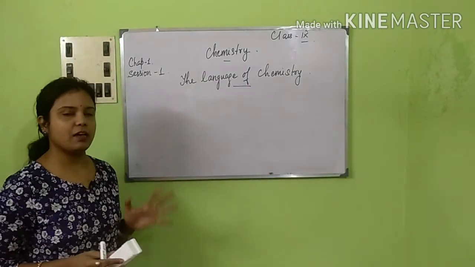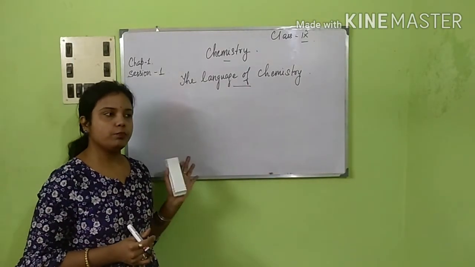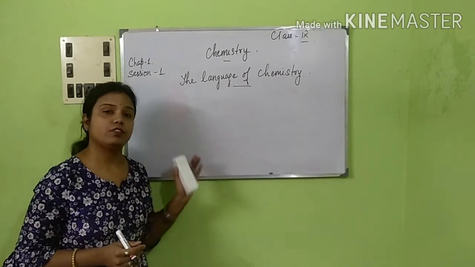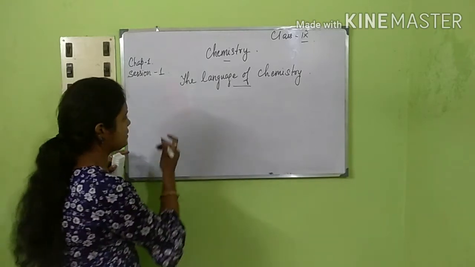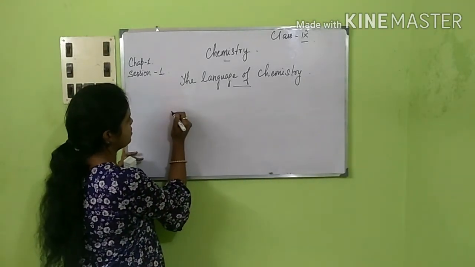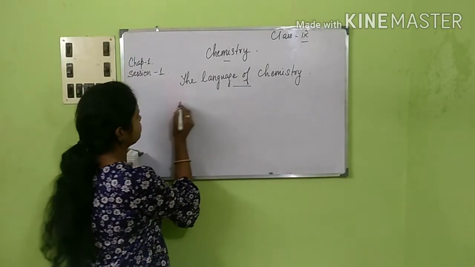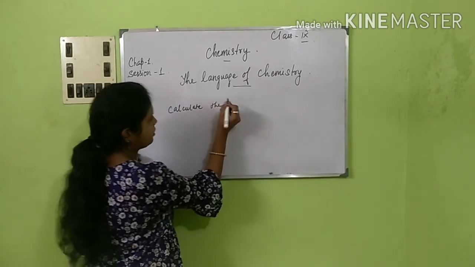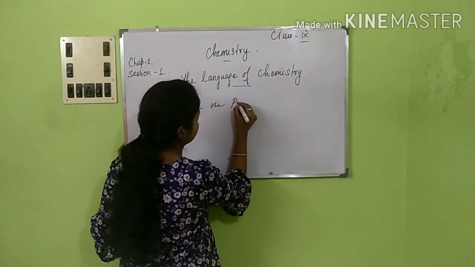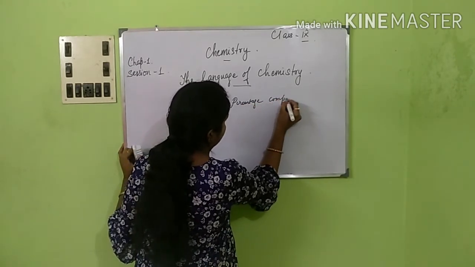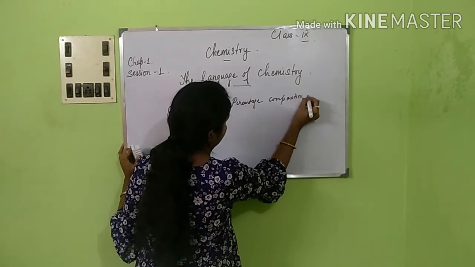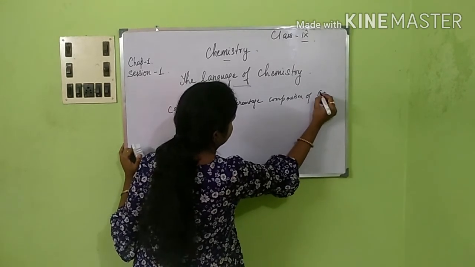Now it's directly coming to how to calculate the percentage composition of particular compounds. Now let's get started with, suppose, carbon dioxide. I'm just writing the question first so that you can understand: the percentage composition of CO2.